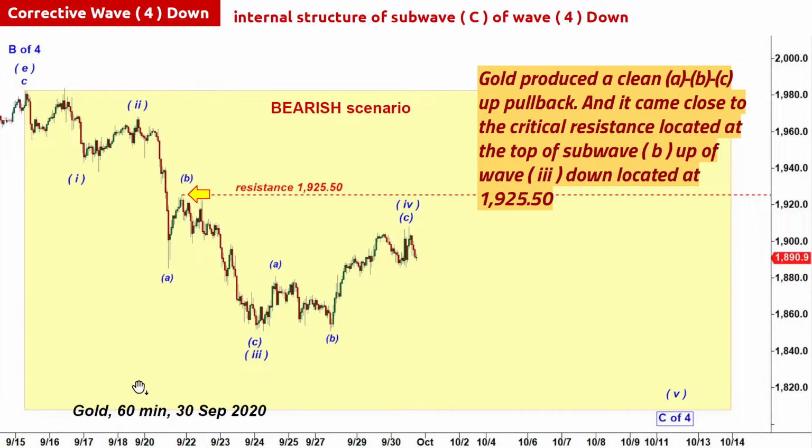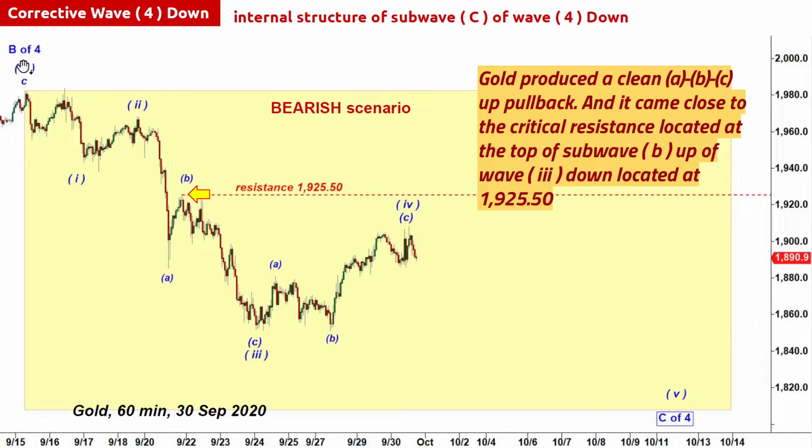Now let's look closer at the bearish scenario. The main idea of a corrective ABC down structure, as I've shown you at the beginning of this video, is that the final subwave C of wave 4 has to have an impulsive structure. That means that we have to be able to count 5 microwaves inside that structure.